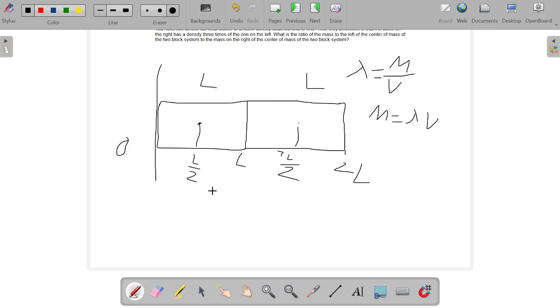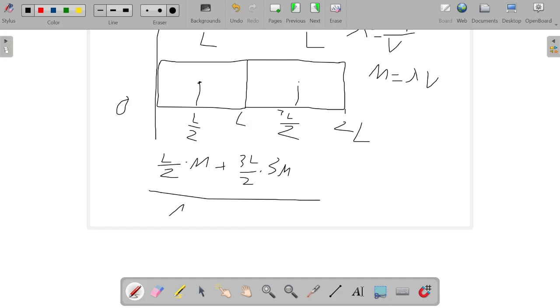So finding the center of mass. It would be L over 2 times m plus 3L over 2 times 3m, divided by the total mass of this, which is going to be m plus 3m. And we could just cancel out the m's, and we get 4L over 2 over 4.